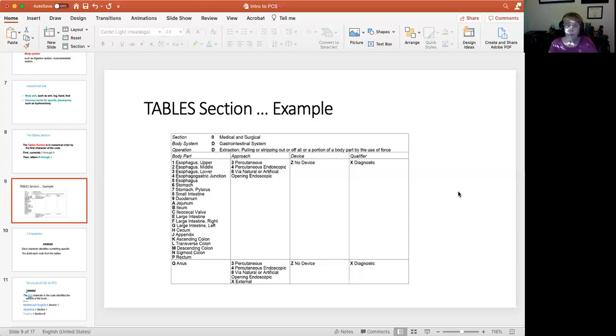The 5th character is going to be the approach. And what that means is, how did the doctor get from outside the body into wherever the doctor was going to go? Now, in this case, the doctor is going after that quarter in the patient's esophagus, right?